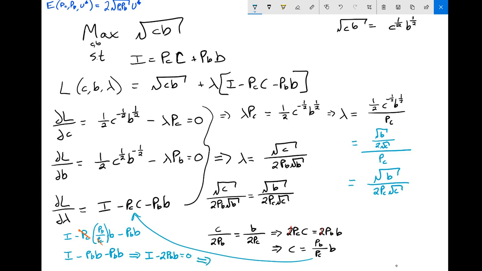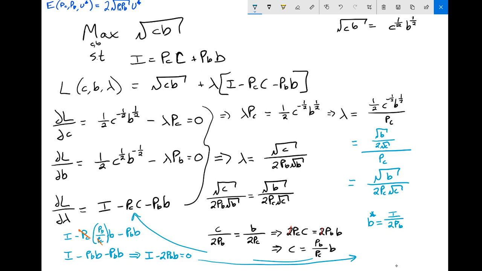Solve that, and we're going to get B equals I divided by 2PB. All right, that is B star.